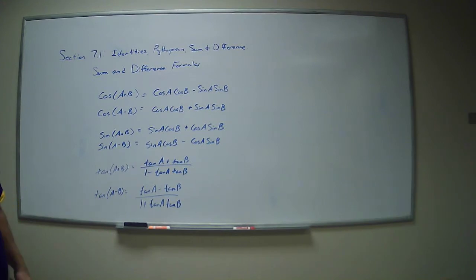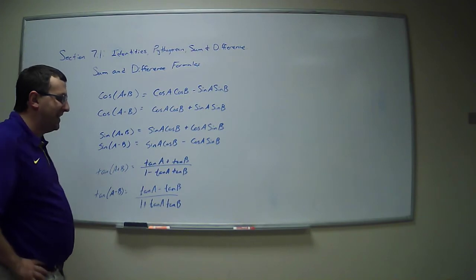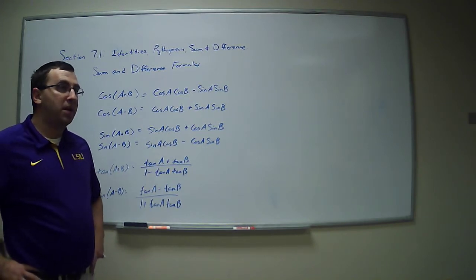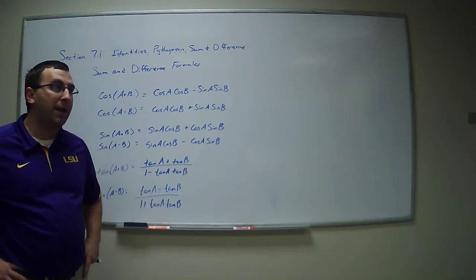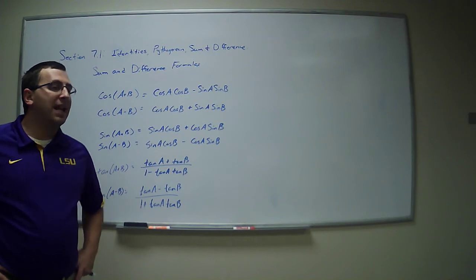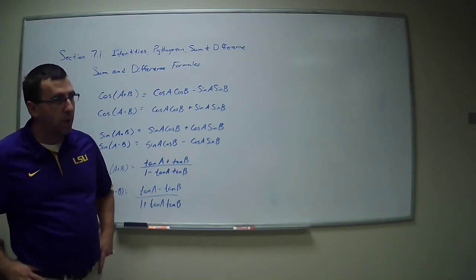All right? Now the whole point of it is this. What if we're trying to figure out the exact value of an angle, but we're having to do it by hand, and we have to do it exact, and we basically have to use what we know?